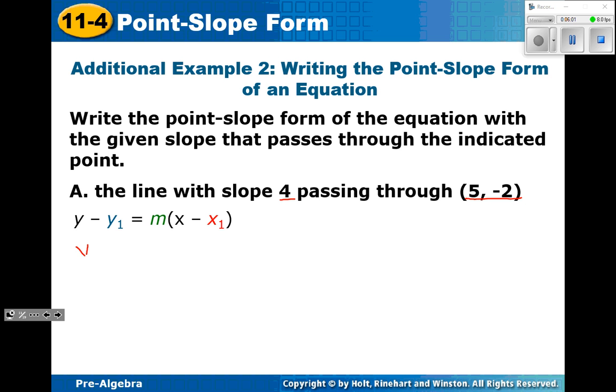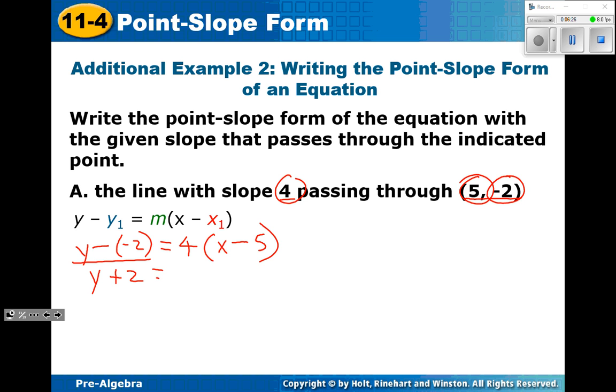So y minus y sub 1, which is negative 2, equals the slope, 4, times x minus x sub 1, which is 5. Let's neaten this up a little bit. y minus negative 2 is bad form, so that becomes y plus 2 equals 4 times the quantity x minus 5.